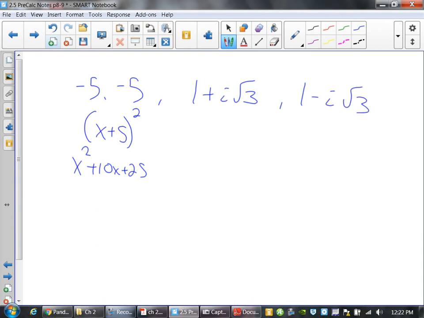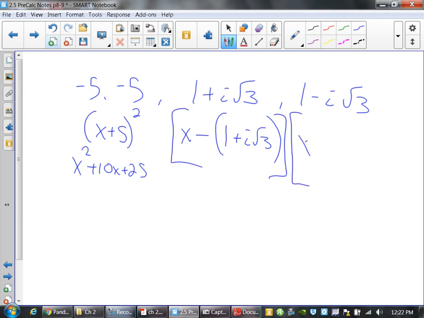So we do the same idea of writing it out in that nasty format. When you write it out, we have x minus the quantity 1 plus i root 3, and x minus 1 minus i root 3.